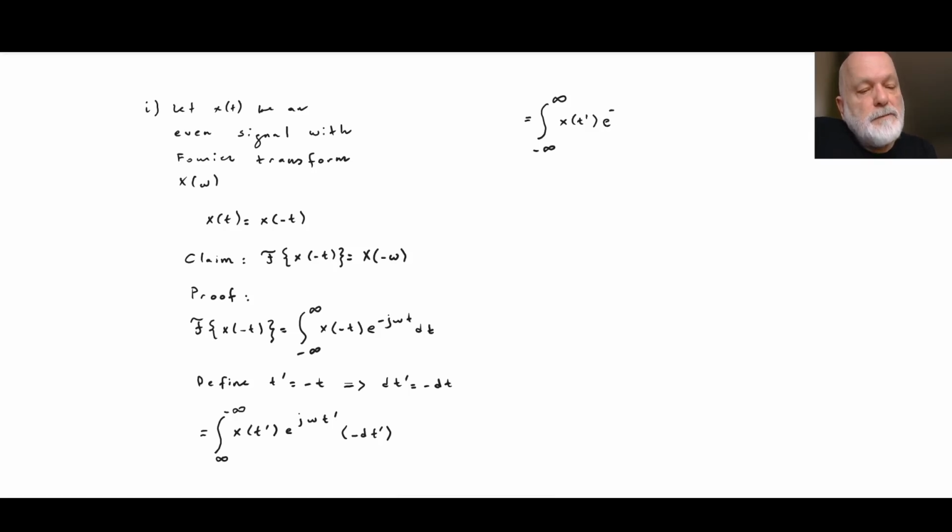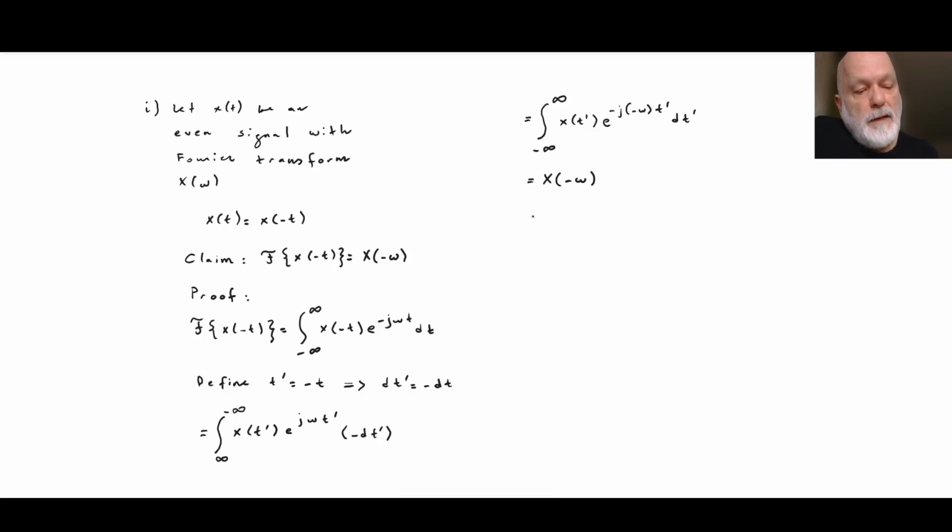We can write it in the following form: e to the minus j minus omega t prime, and then we have dt prime. As you see, this is nothing but the Fourier transform of x of t evaluated at minus omega.